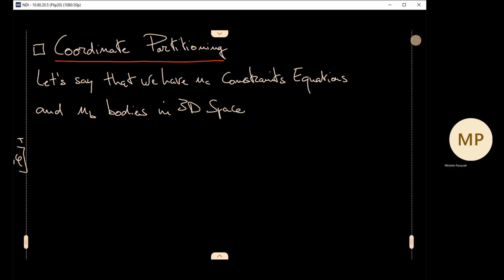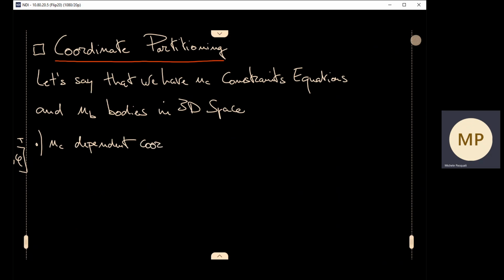So this means that we have NC dependent coordinates, one for each constraint equation, and we call it QD, with the subscript D, and this is a column vector having NC times 1 as dimension.